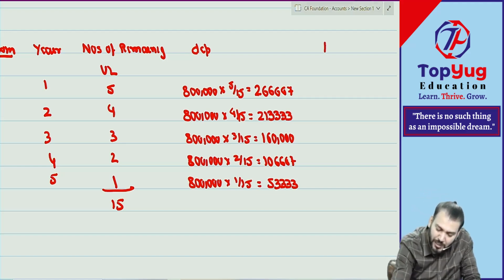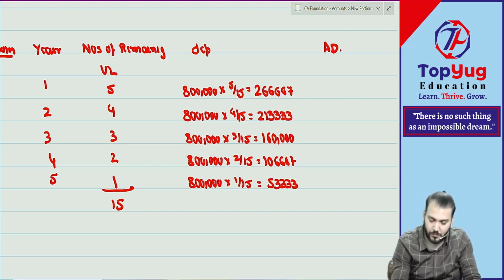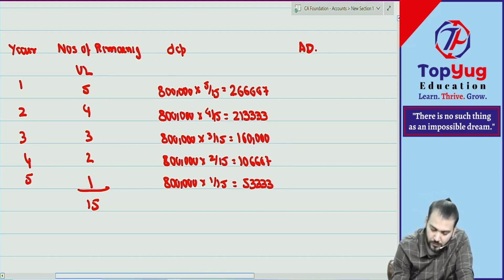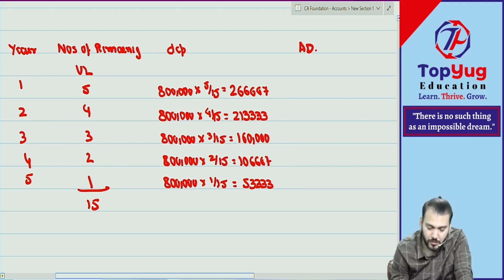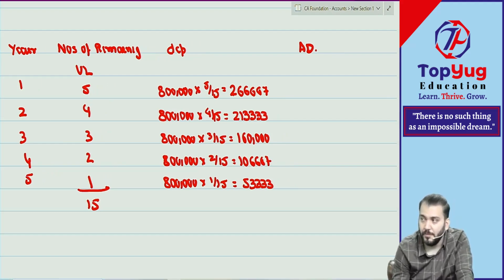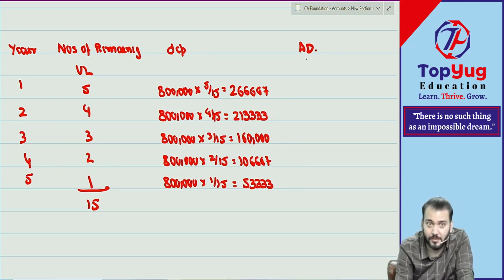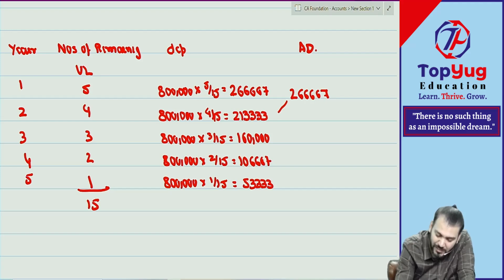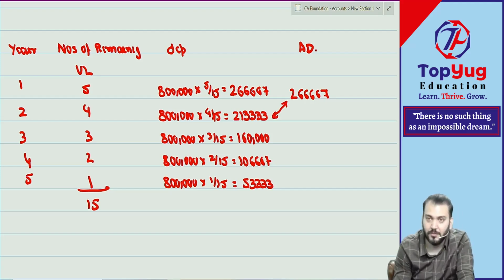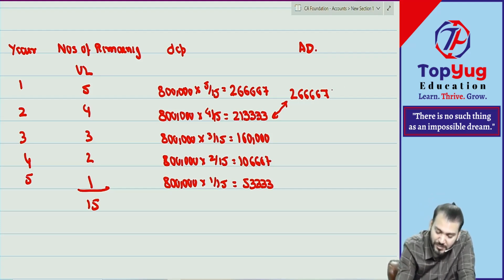Can you give me accumulated depreciation of first year? First year accumulated depreciation is 2,66,667, this only. Second year it will be this plus this, 4,80,000.